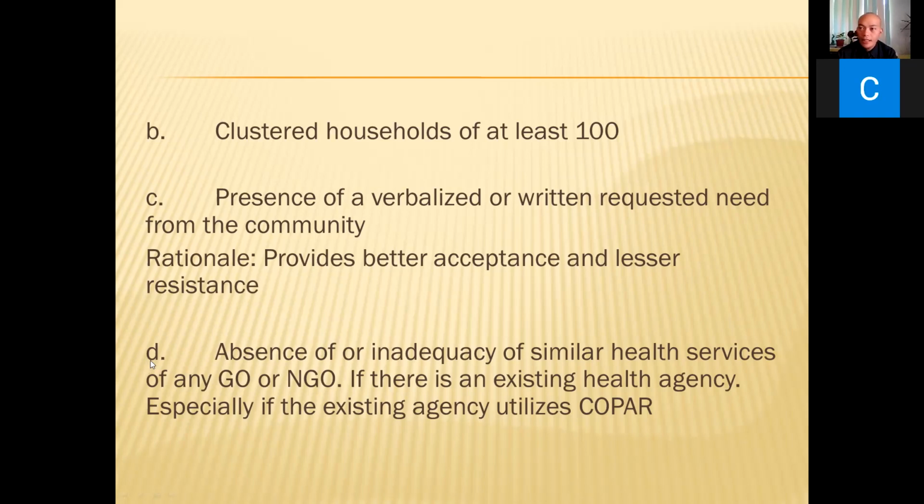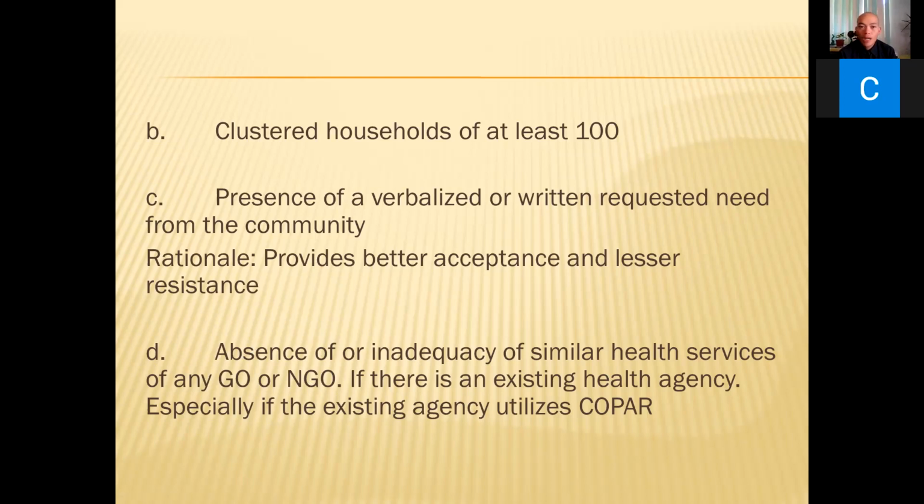Letter D, absence or inadequacy of similar health services, if any government or non-government organization, if there is an existing health agency, especially if it still utilizes COPAR. So yung first sentence muna, we choose that community if it has an absence or inadequacy of similar health services.